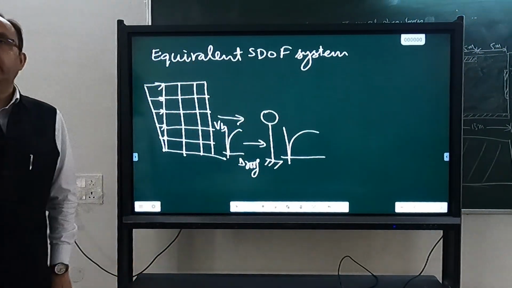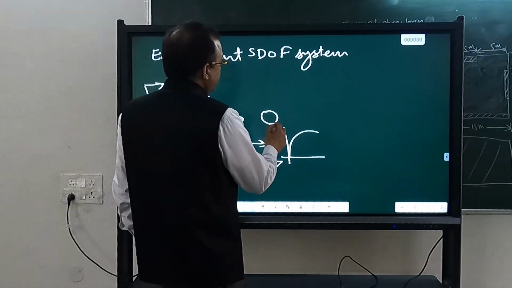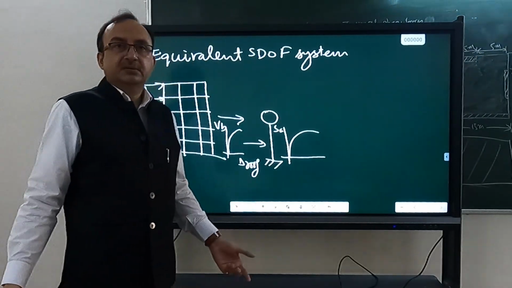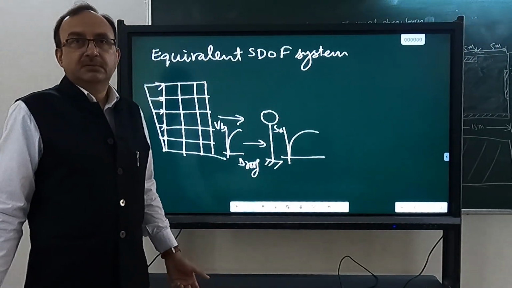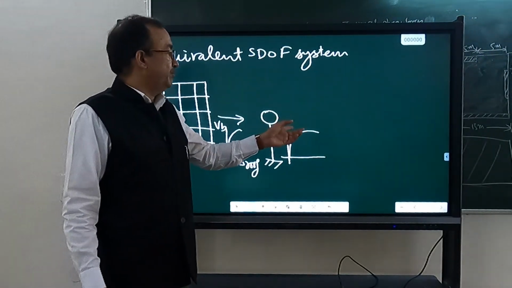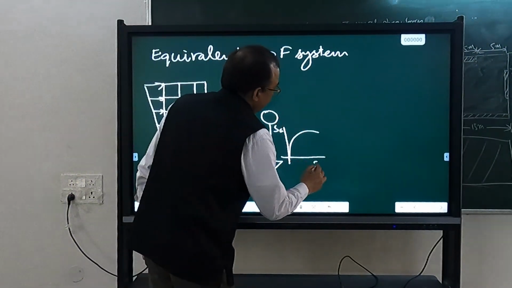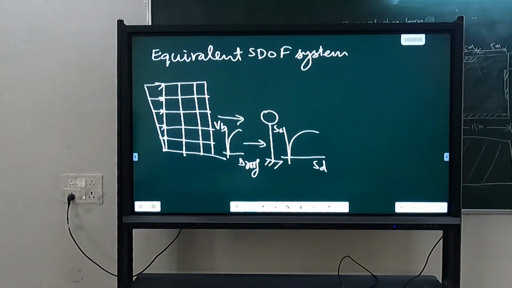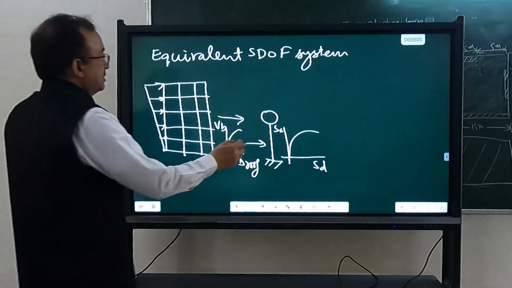In single degree freedom, what will we have? The force will be SA, because what is SA? The force per unit mass. And displacement we will represent by SD. The displacement of the single degree freedom system is SD.